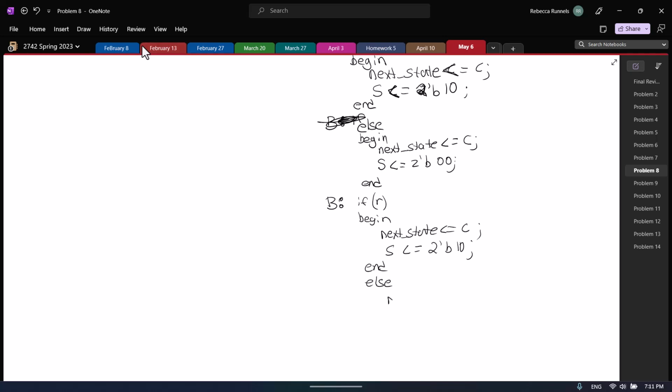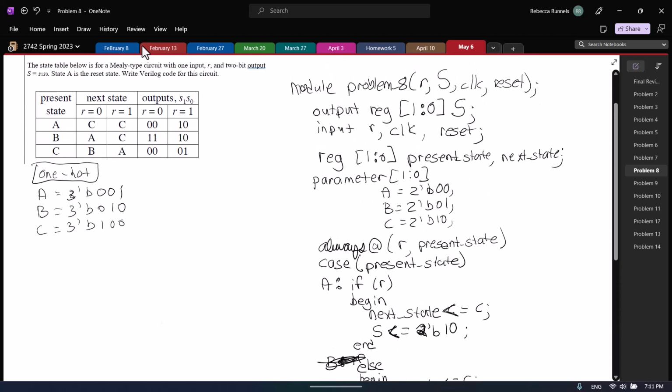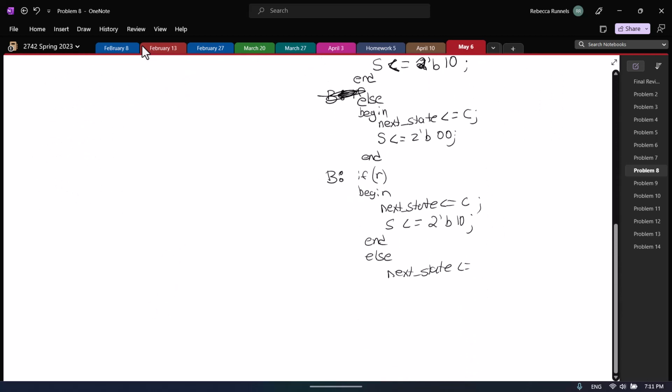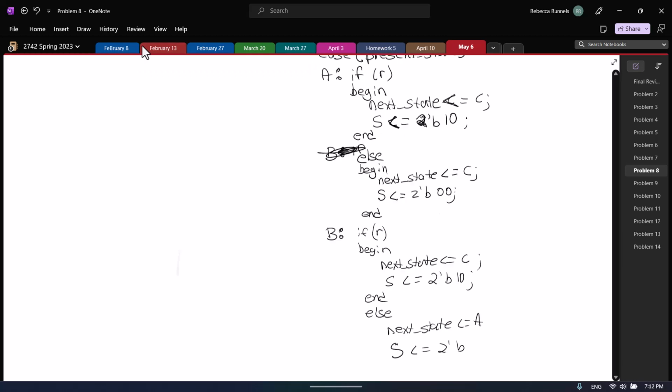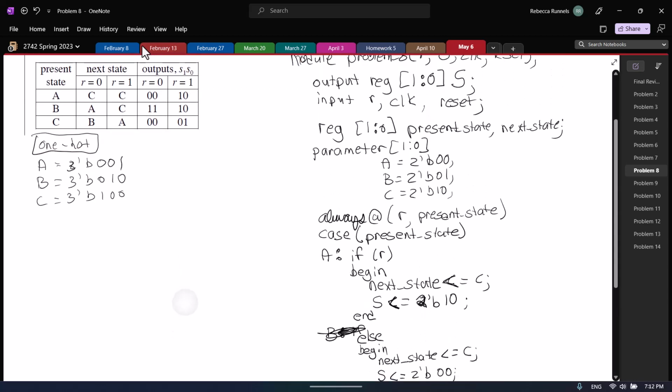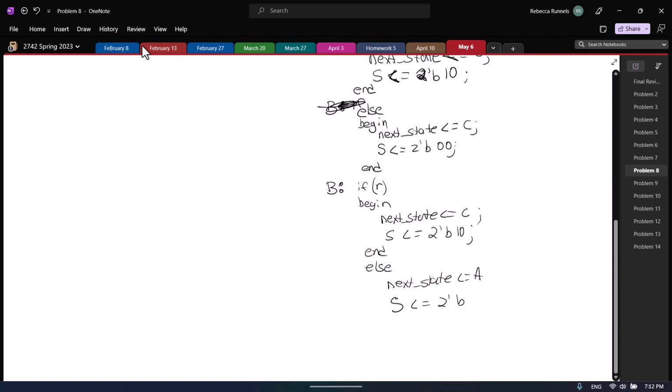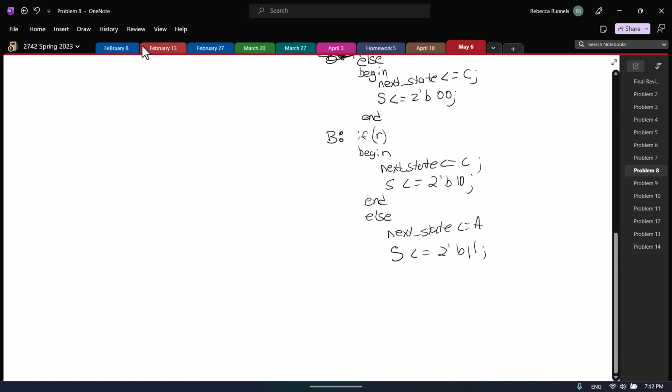Else, our next state is A, and S is 1, 1. End.